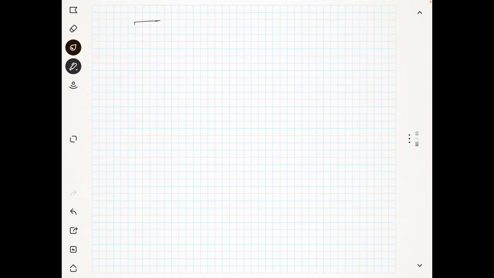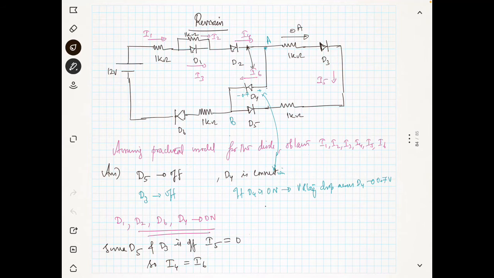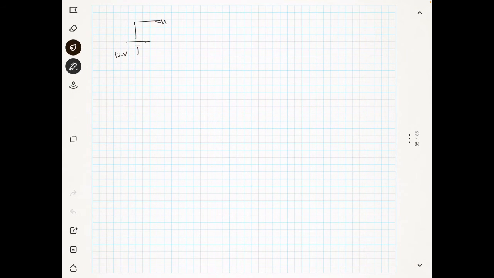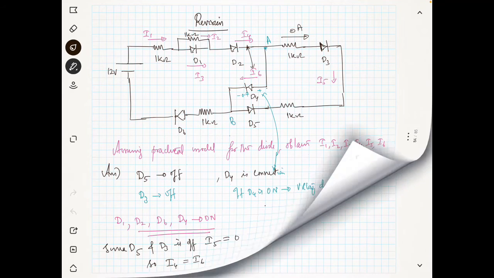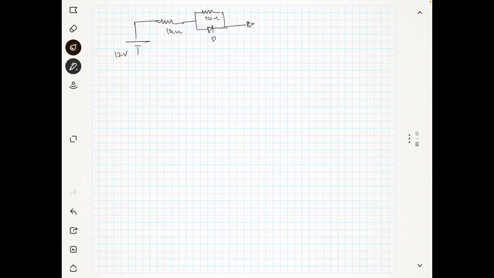You have a 12 volt source, and 1 kilo ohm resistance, 1 kilo ohm resistance, and here 1 kilo ohm. That's it. Next there is a diode D2. This is D1 and D2, like this.